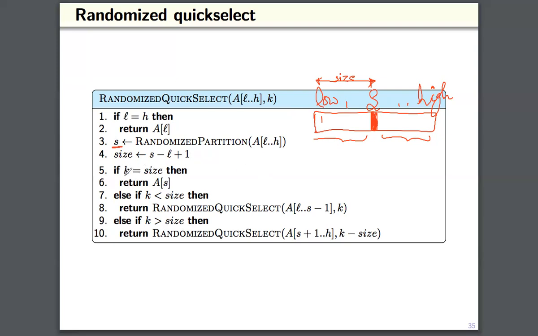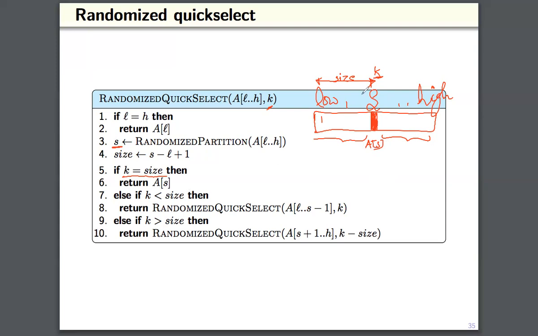If K is equal to size, the kth smallest element that you wanted to get, then definitely A of S is your kth smallest element, right? If the number of elements in the first part is equal to K itself, then that's your answer. So return A of S.